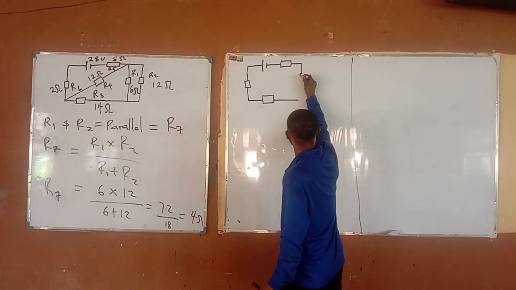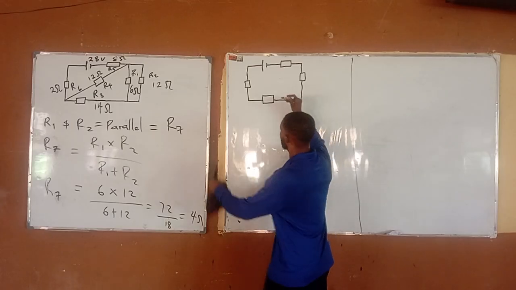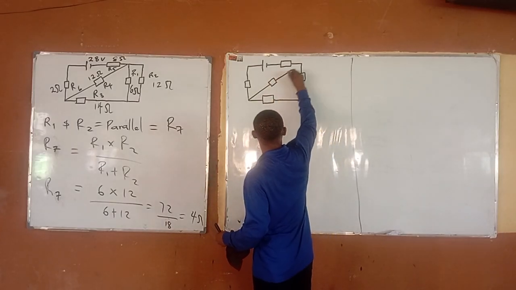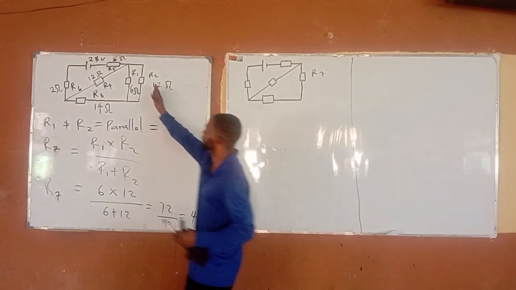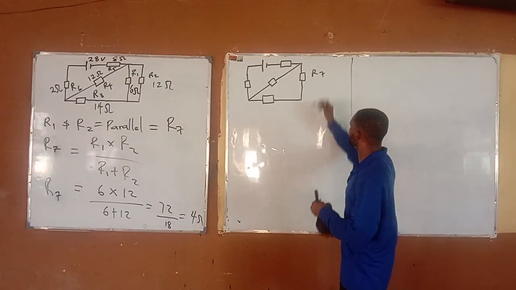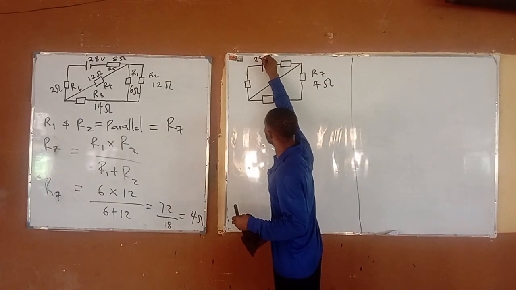So remember that this becomes my R7 now, because these two match together to give me 1. So this is now my R7, which is 4 ohms. So this is now 28 volts.